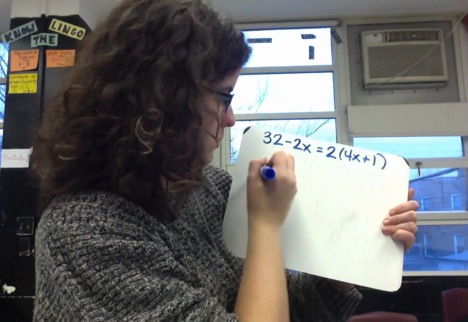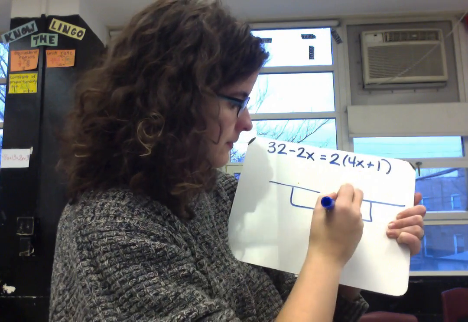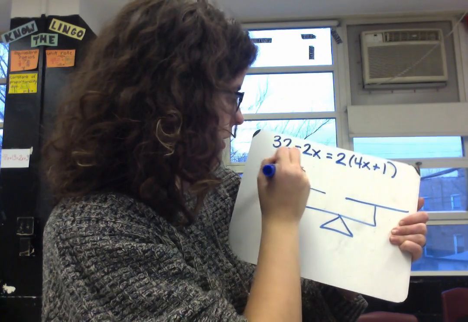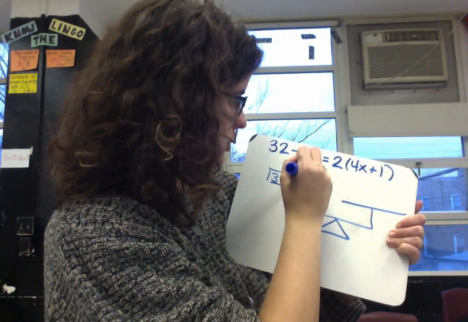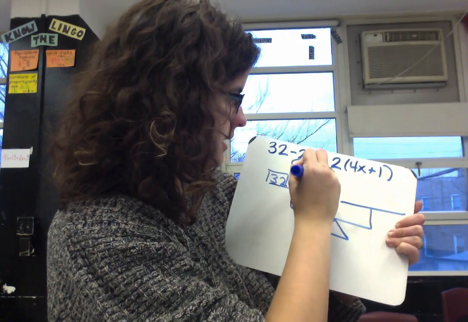So, the final one involves both balloons and grouping. 32 minus 2x is equal to 2 times 4x plus 1. So, once more, a balance. We've got a weight of 32, and we've got 2 minus x balloons.